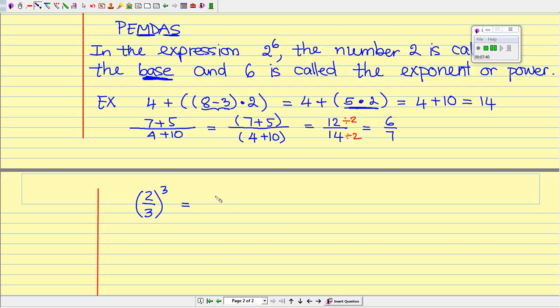So basically you distribute the exponent to the numerator to remove the parentheses, and you distribute the exponent to the denominator. Okay. So now think about 2 to the power 3, it means 2 times 2 times 2. And 3 to the power 3, it means 3 times 3 times 3. So 2 times 2 is 4, 4 times 2 is 8. 3 times 3 is 9, 9 times 3 is 27.